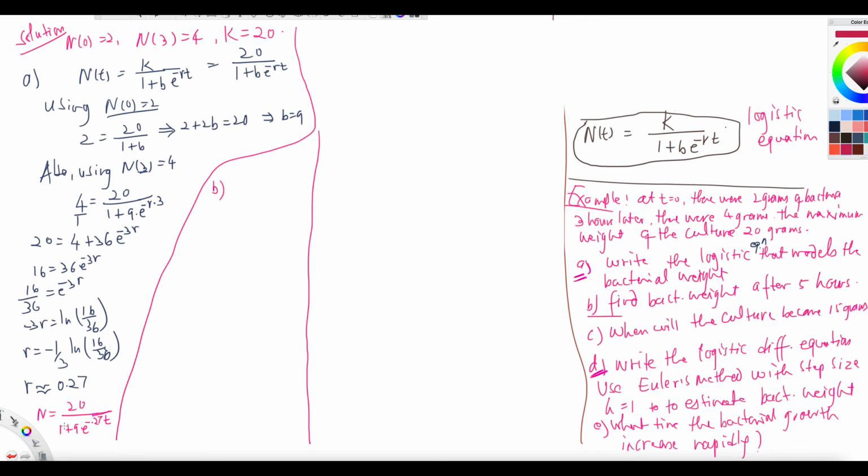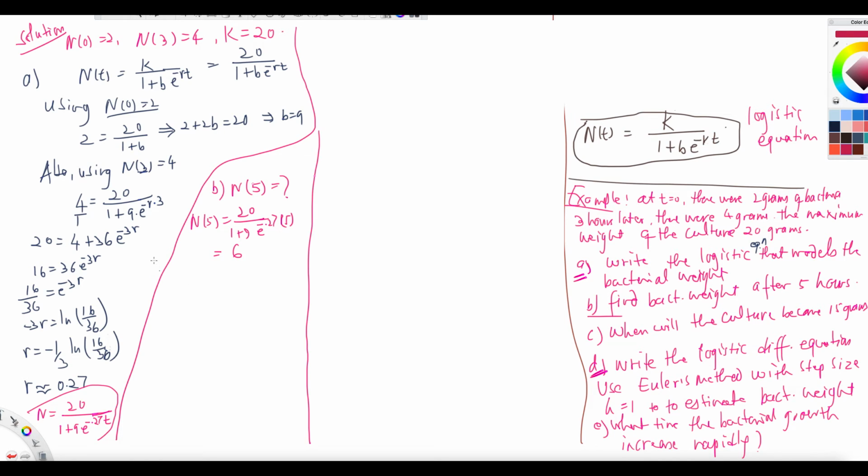So now the question is asking n at 5 equals what? You just replace t by 5 here. So n at 5 is equal to 20 over 1 plus 9 e to the negative 0.27 times 5. If you use a calculator for this, you will get n equals 6.